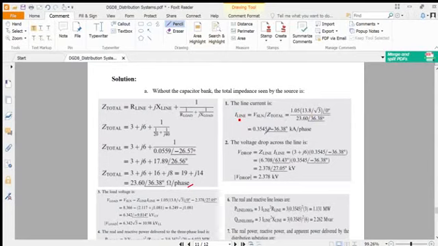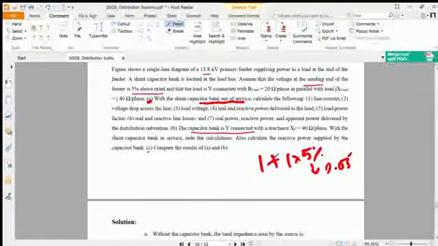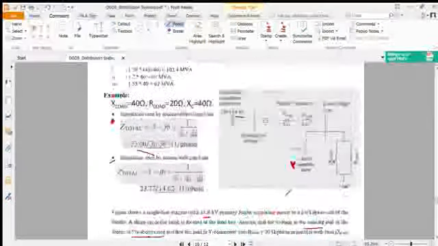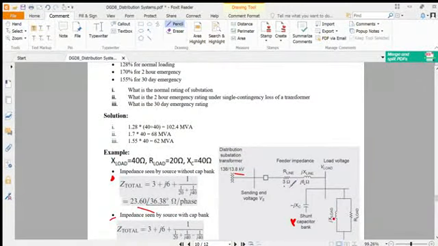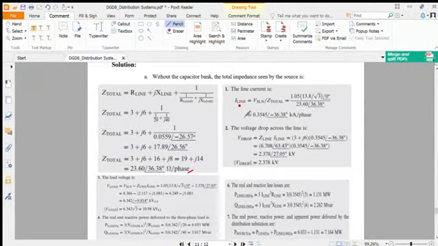Having found the line current, the voltage drop is V drop through the line. Here is the line, then this is the Z, so it can be found as I times Z. Z is 3 plus j6, so Z line equals R plus jXL, times I line, and we get the voltage drop.